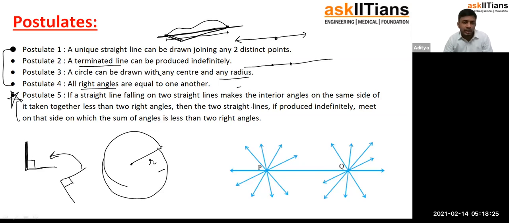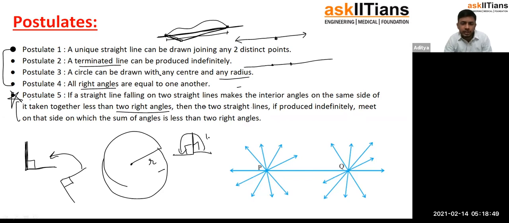It says that if a straight line falling on two straight lines makes the interior angles on the same side of it taken together less than two right angles. So, of course, what do we mean by two right angles? Two 90-degree angles. How much do we get if we have two right angles?